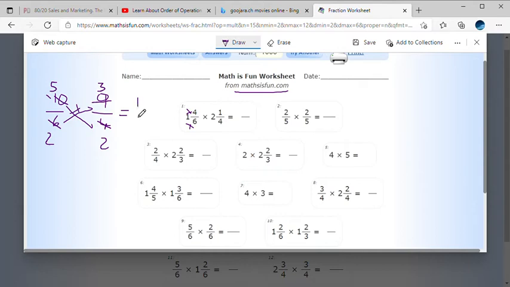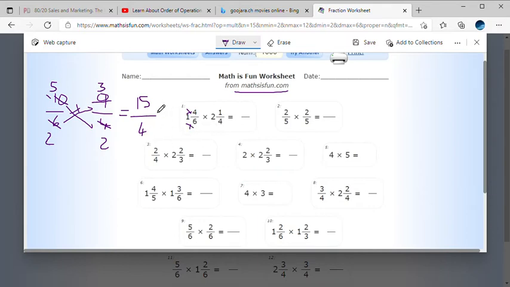So 5 times 3 is 15, and 2 times 2 is 4. Now we have our final answer. Since we're dealing with mixed fractions, I advise students to leave their answers as mixed fractions as well.